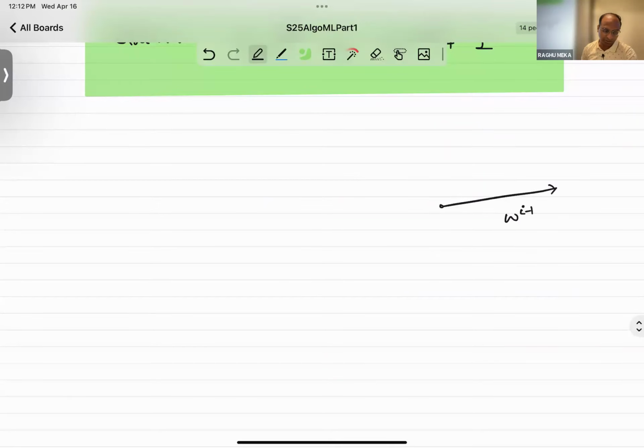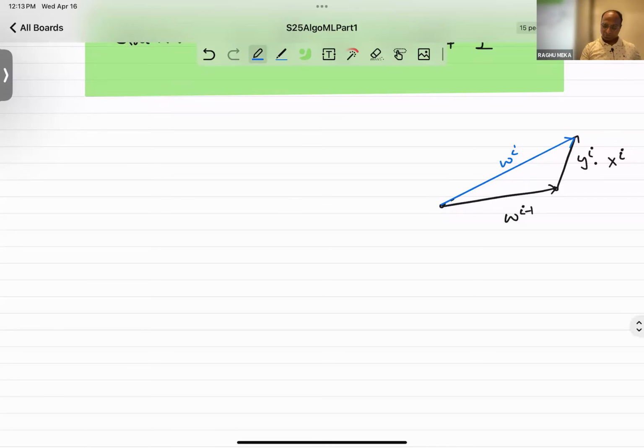So this is wi minus 1, and this is yi times xi, and this is the new vector wi. So I have my previous classifier, I updated it, and this is the updated classifier.